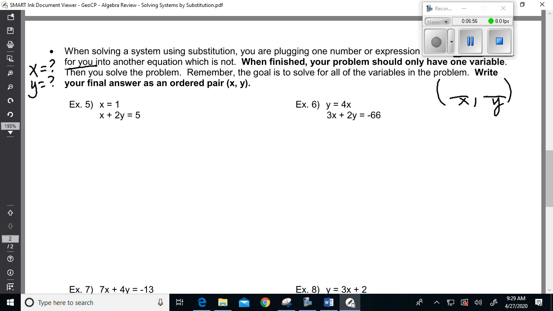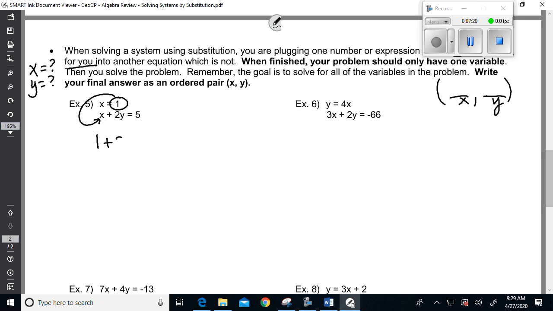So let's start with example 6. So example 6 is a very, very basic example. x equals 1, and then x plus 2y equals 5. So with this very basic example, they're telling you that x is equal to 1. Take 1, plug it in for x.